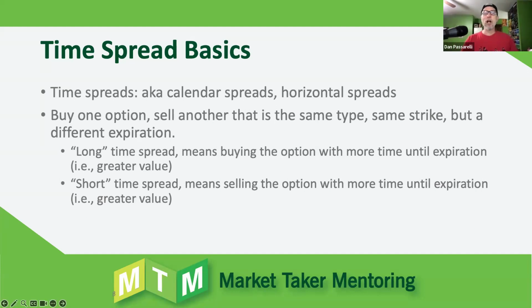Now that is a long time spread, and that is likely to be the one that you make if you trade time spreads. It is possible to sell a time spread, a short time spread, which is the other way around, selling the longer term one, the one with more time till expiration, and buying the shorter term one.